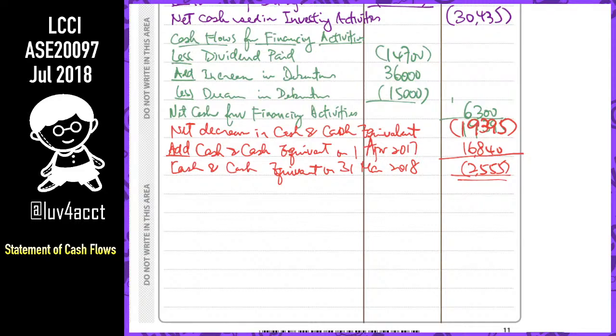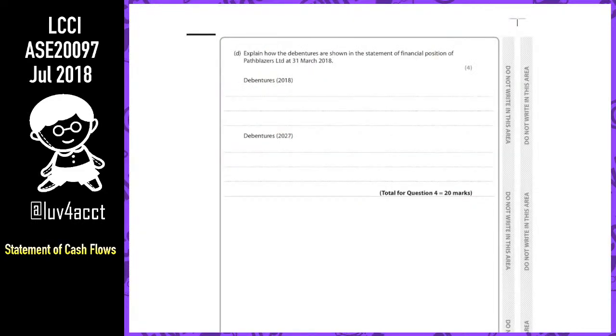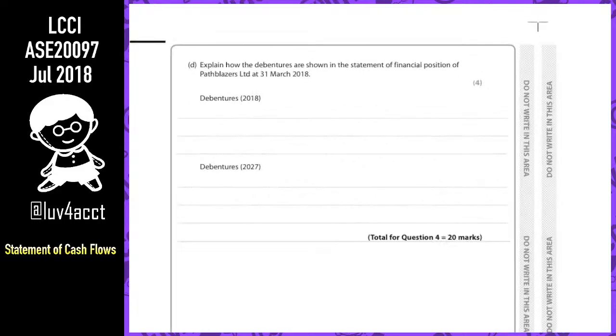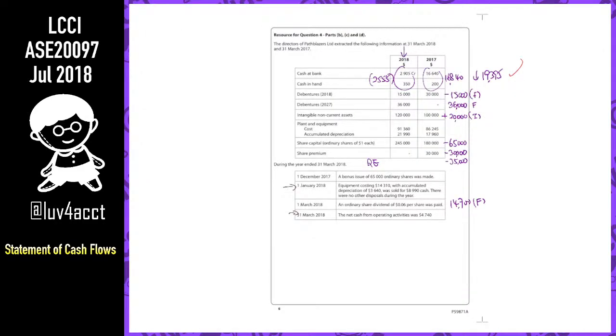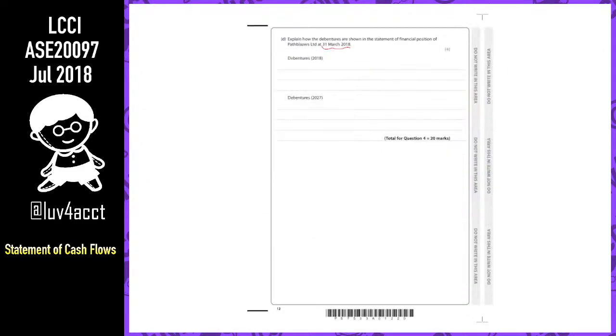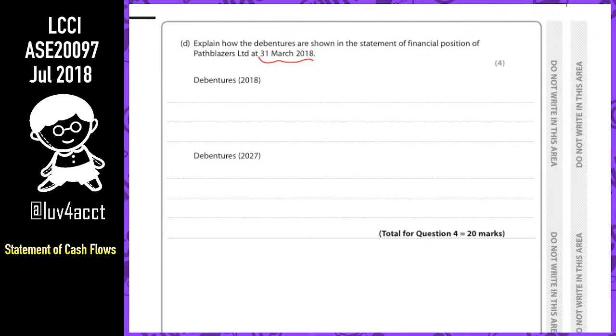Okay, and we have explained how the debentures are shown in the statement of financial position. Okay, so here, we have this one. Okay, is this repaid or what? Or partly repaid? Yes, partly repaid. Okay, so here, 4 marks, that means we need to explain.